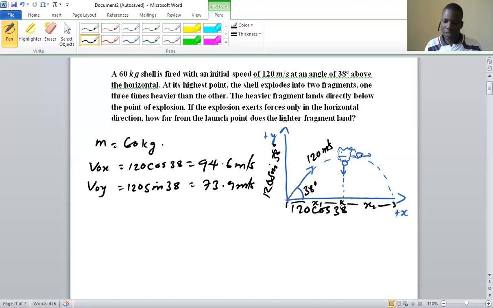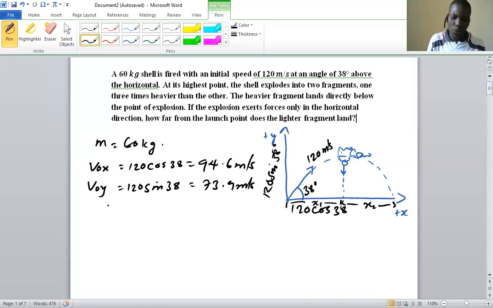To get X1, we first need the time that this shell took to reach the highest point. At the highest point, the velocity in the vertical direction is 0. It has stopped moving in the vertical direction. So we can use that to find the time it took to reach the highest point from the initial point.